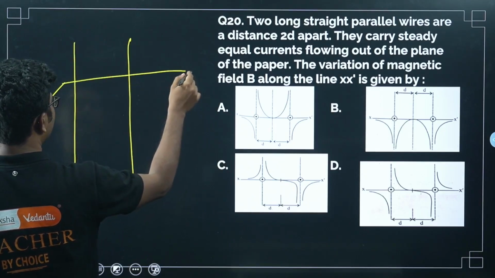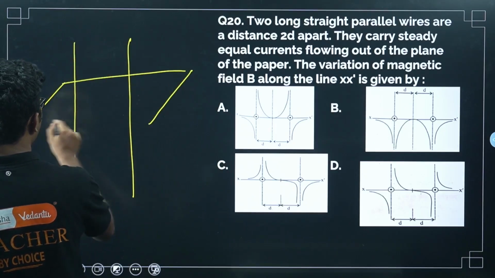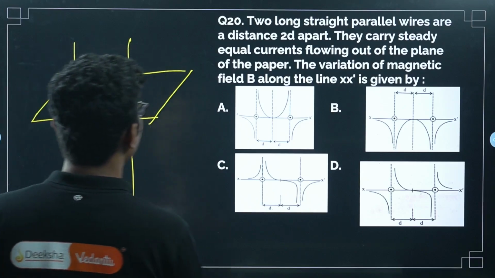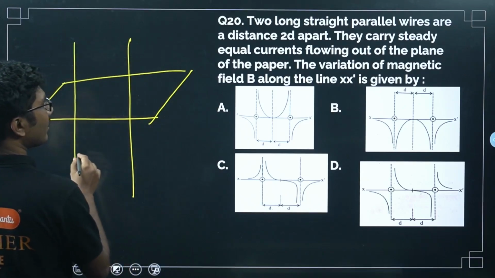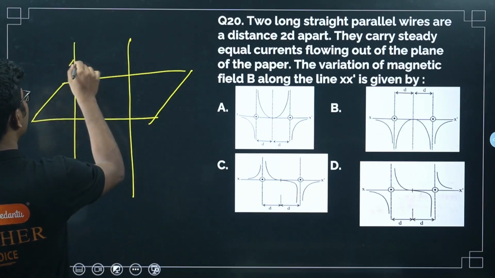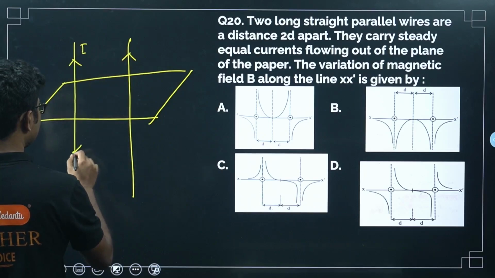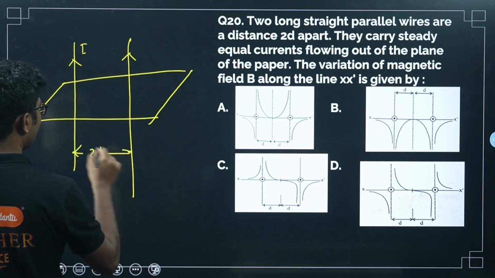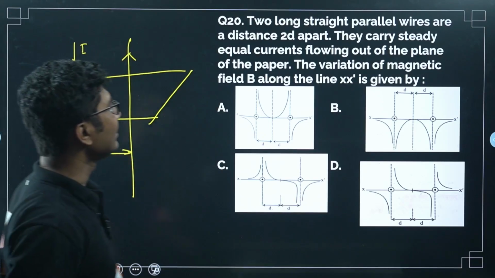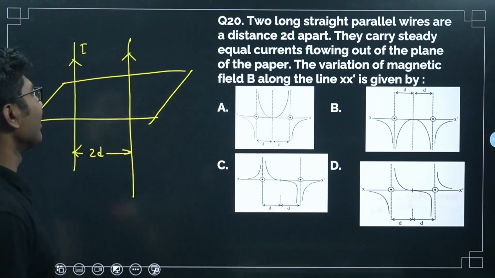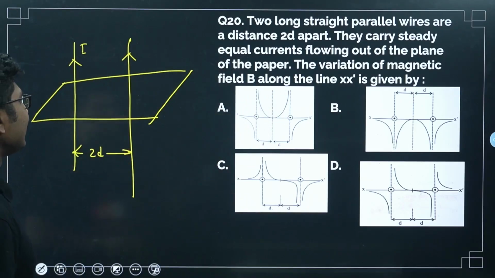I am drawing it in a different way. Two long straight wires are at a distance 2d apart. They carry steady equal current flowing out of the plane. So both are carrying steady current I. Their distance is 2d apart. Now they have asked you to find the magnetic field B along the line XX given in that plane.